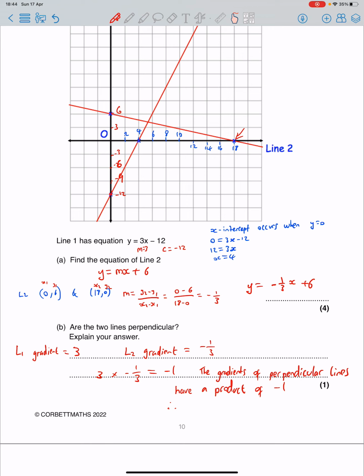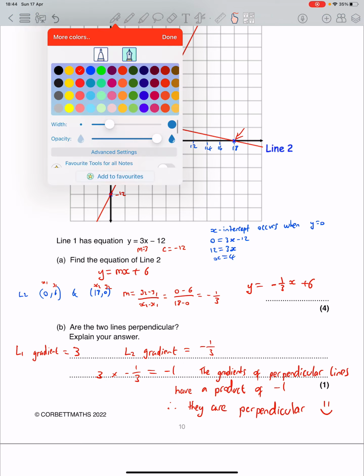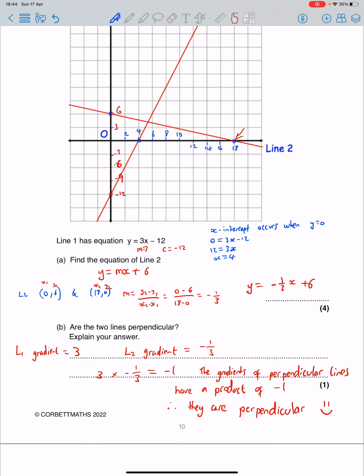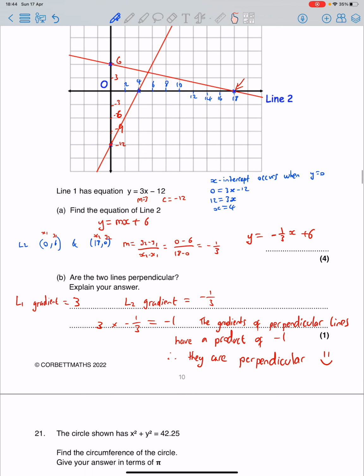Therefore, they are perpendicular. I'm just one of those people that likes to write to ensure that I get the mark. So I've explained everything. That is definitely going to be enough to get the marks, or the mark.